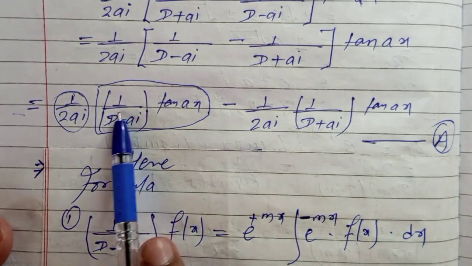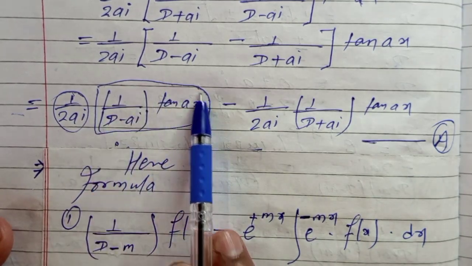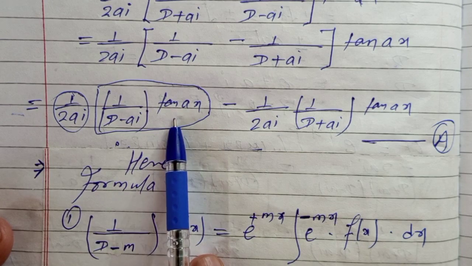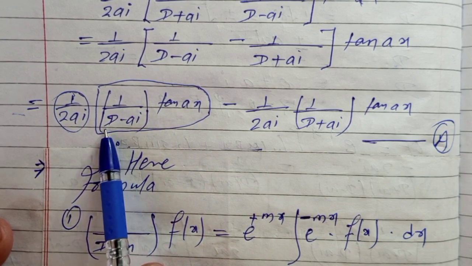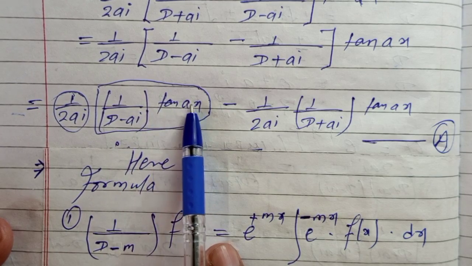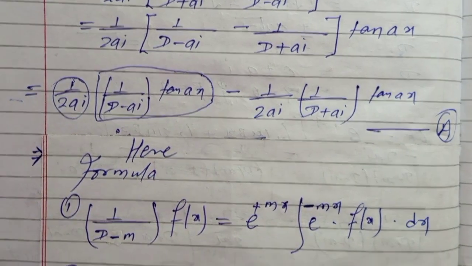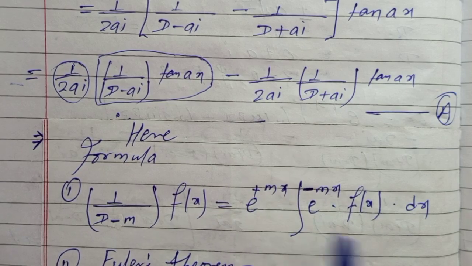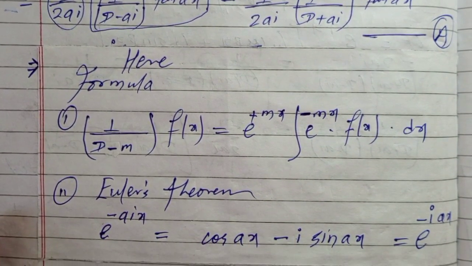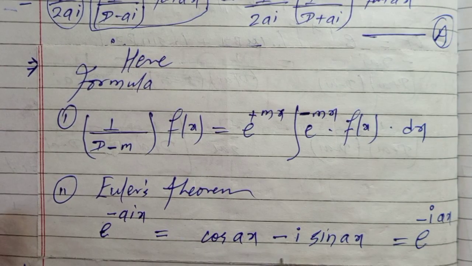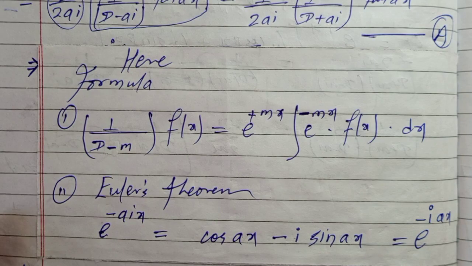Let's first solve this one because it is complicated, so you have to focus on each step. First we solve 1 by D minus ai tan ax. We will use this formula, then we will apply the Euler theorem, where e to the power minus iax is replaced by cos ax minus i sin ax.